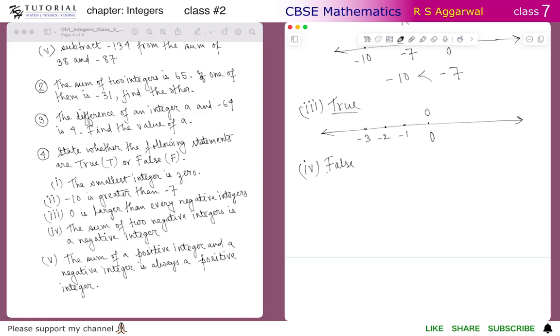The sum of two negative integers is always a negative integer, because let's say minus a and minus b are two negative integers. If we add them, what we get is minus (a plus b). So it is always negative.